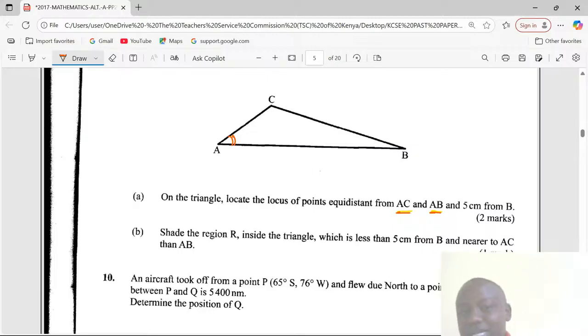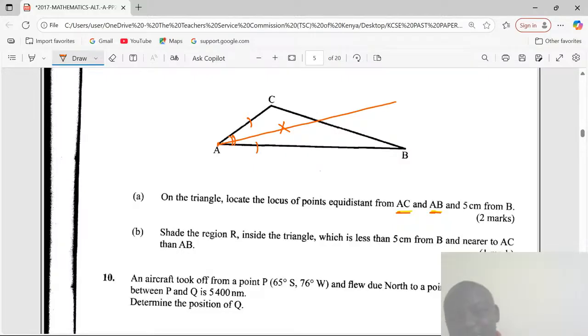I stand at A, make an arc, and another arc. Then standing on those arcs, I make arcs to cut each other somewhere there. Then I produce the bisector. So that is a locus of points which are equidistant from both AC and AB.